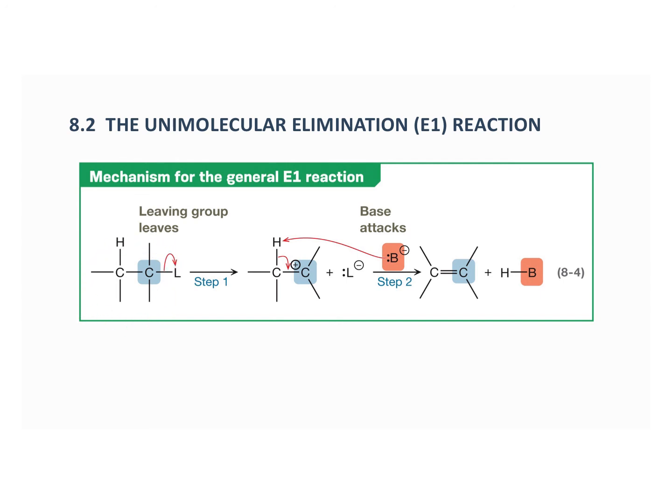So notice the step here is the same as for the SN1 reaction. The leaving group leaves. That leaves a carbocation here. The base comes in and still steals a proton from the adjacent carbon, not the carbocation, the adjacent carbon. Super duper important. These electrons come down and now they form a double bond. And that's where, of course, the base comes in. And then you're going to see here, the base now has a proton.